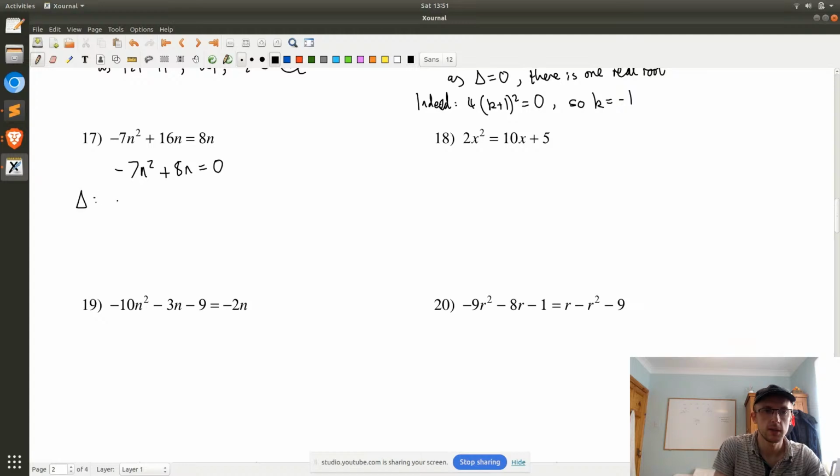The discriminant b squared minus 4ac, so 8 squared minus 4 times negative 7 times c, which happens to be 0. So 64. As 64 is a perfect square, it has two rational roots.